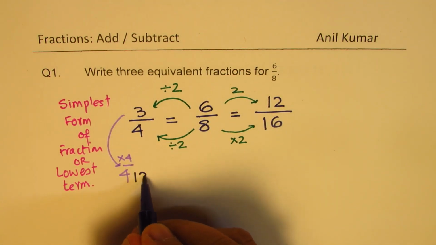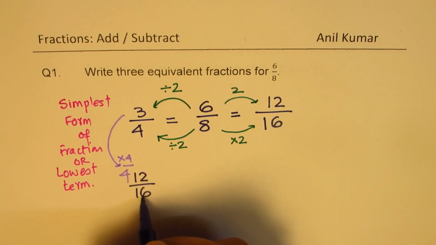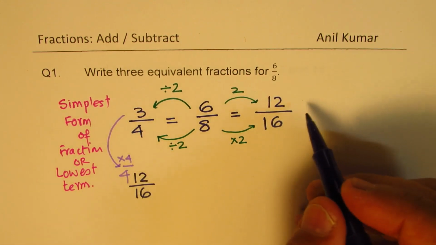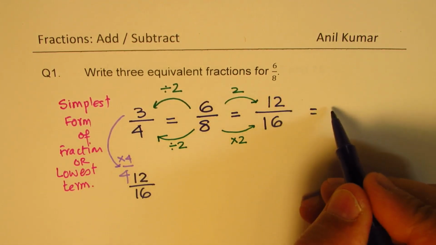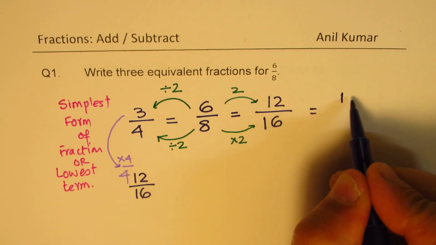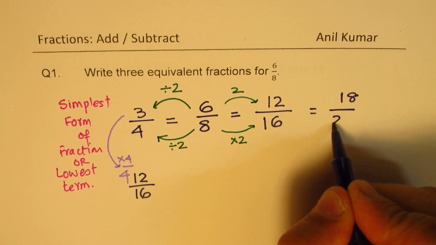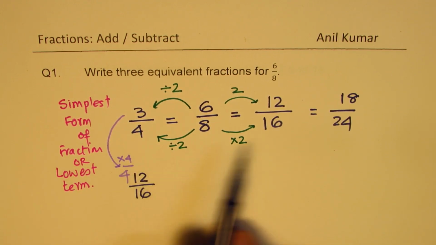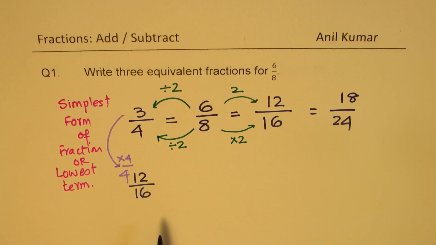We get 12 over 16. Do you see? It is exactly the same. So you could go down and up, right? Or you may keep on going like this. Multiplying by 3 will give us 18 over 24. So we can write many equivalent fractions. You get an idea, right? So that is how we could actually write equivalent fractions.